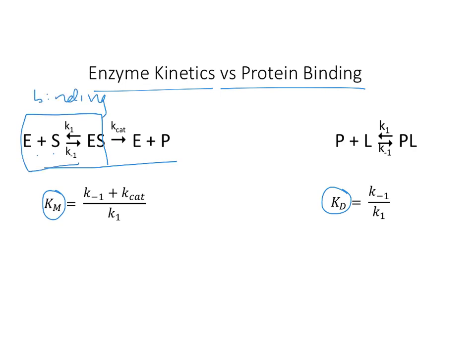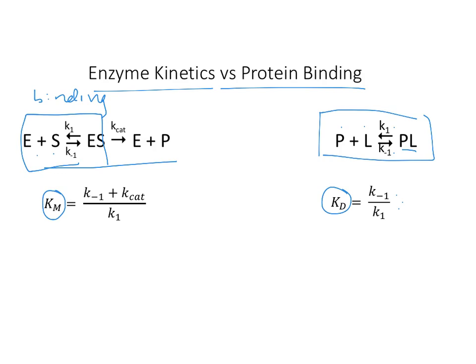And if you'll notice, that equation is identical to the binding equation, where P is protein, L is ligand, and PL is our protein-ligand complex. We have our on rate and our off rate, but the first part of this equation essentially looks the same. And again, if you'll remember, one of the ways that Kd can be quantified is the off rate over the on rate.